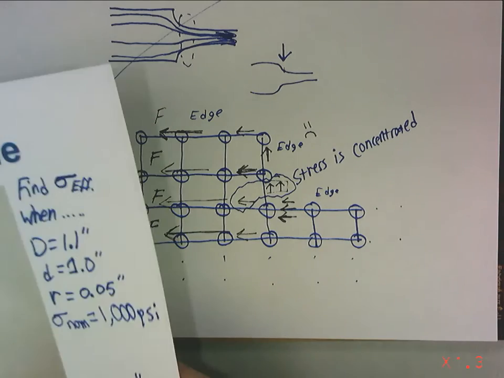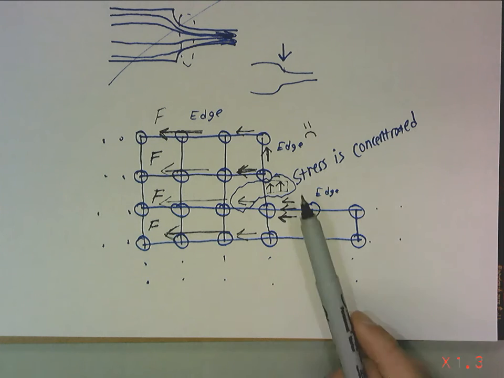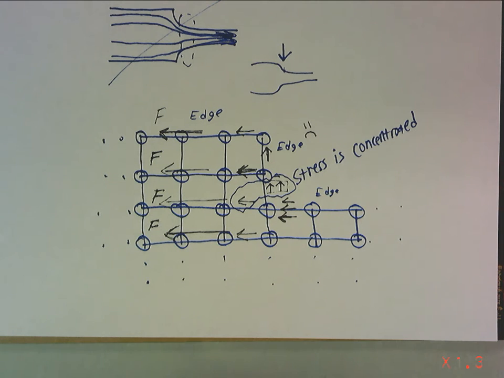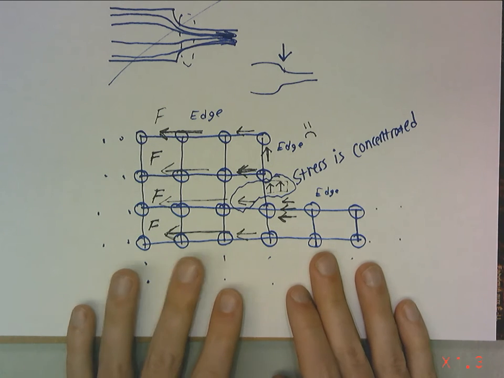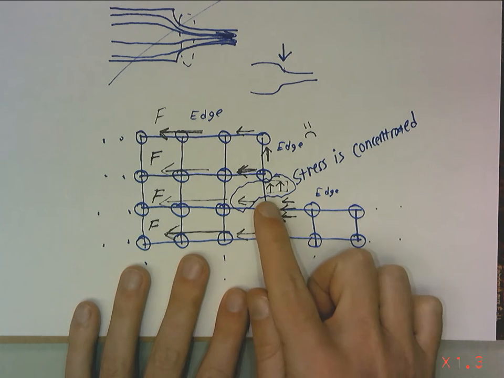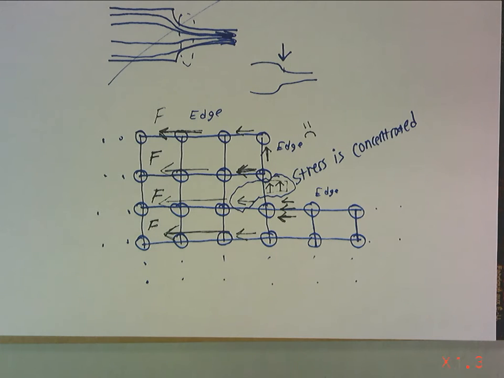This is the worst case scenario. A 90-degree angle is the absolute worst case. Something with a fillet or a curvature is better. But that is why a stress concentration exists. That's what happens right here, all the way down to the crystal structure level.